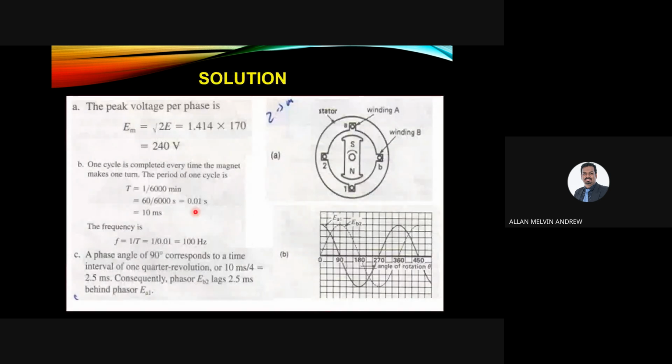One minute has 60 seconds, so 60 divided by 6,000 seconds is 0.01 seconds, which is 10 milliseconds. We know the frequency F is 1 over T. So 1 over 0.01 is 100 hertz, the unit for frequency.